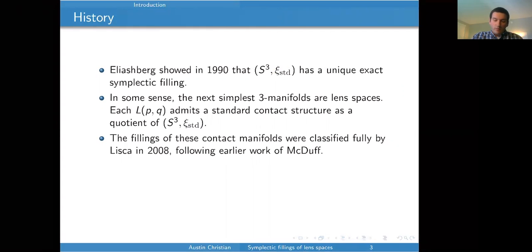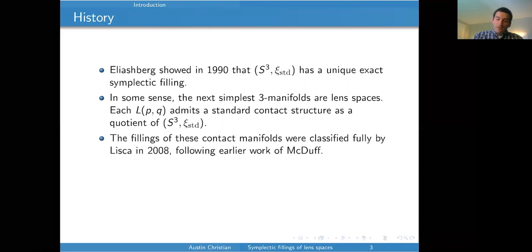And we would be remiss not to mention that McDuff had settled a large class of lens spaces much earlier, in like 1991. McDuff showed that the standard contact structure on L(p,1) has a unique exact filling, unless p is 4, in which case there are exactly 2 fillings.